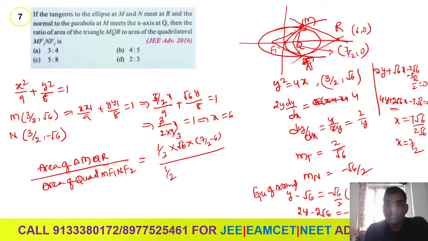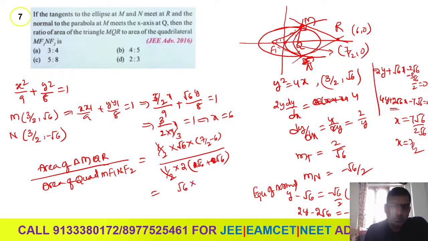Here this is also the area of two different triangles, the above triangle and below triangle. So the base is common, F1 to Q, and the distance F1 to Q is 2, into above height and below height. Above height is 2 root 6, below height also 2 root 6, so 2 root 6 plus 2 root 6. Simplify this. So half and half get cancelled.